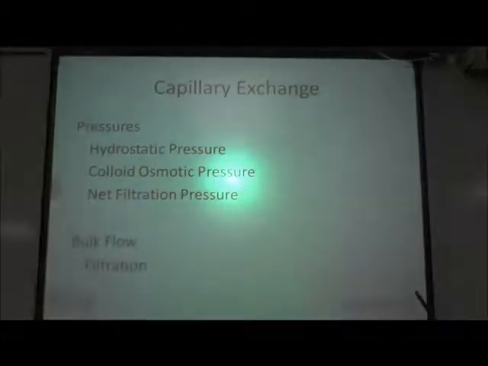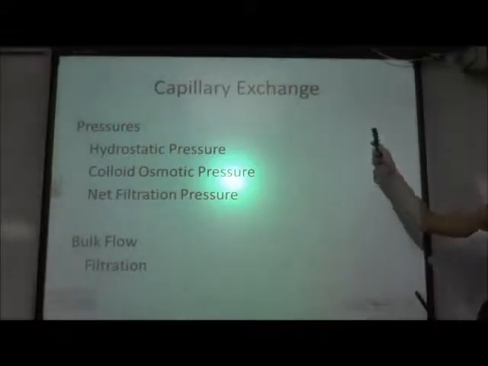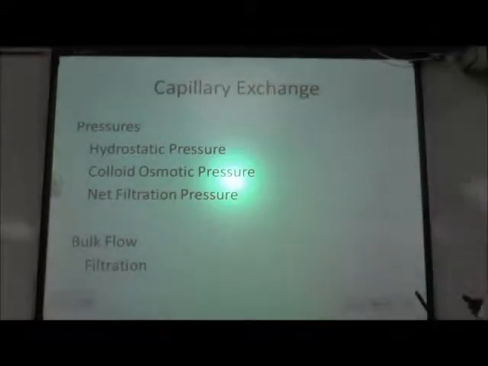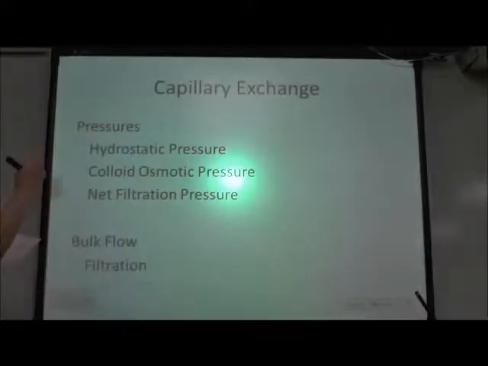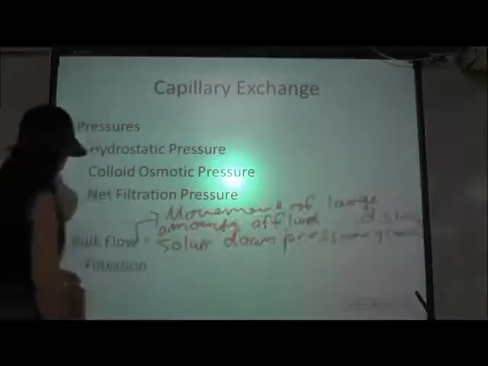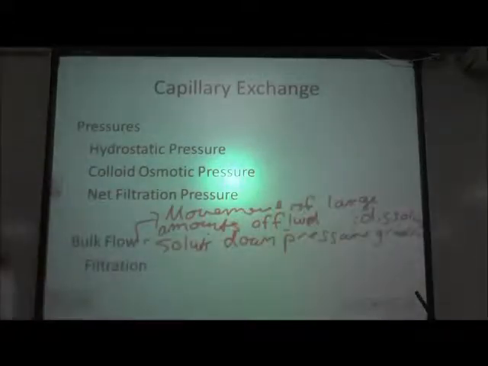So these different pressures are going to allow for the last type of capillary exchange, which is bulk flow. Bulk flow is the movement of large amounts of fluids and whatever solutes are dissolved with it in one direction down a pressure gradient. So there are two different types of bulk flow, filtration and reabsorption.